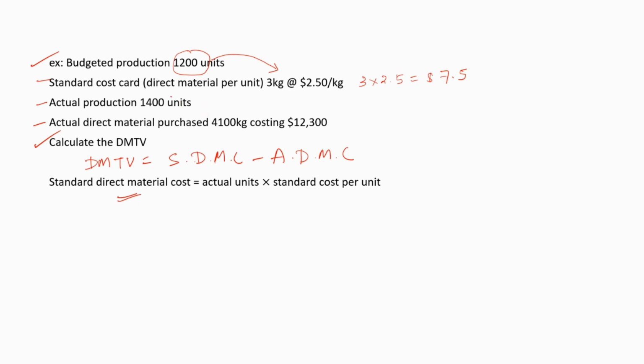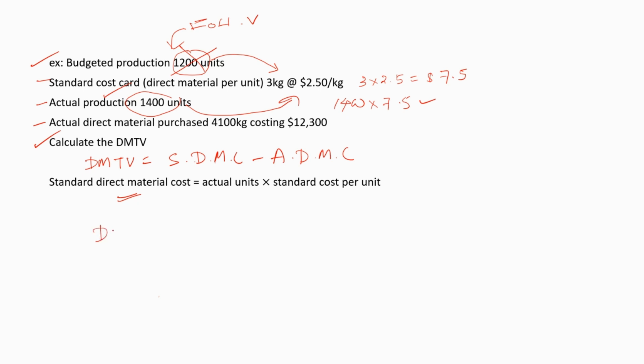We need to multiply the actual production units by the direct material cost per unit value, which means 1400 by 7.5. This is the standard direct material cost. Another important thing to note is that only for the fixed overhead variance do we consider the budgeted production value. For all the other variance calculations, we do not consider the budgeted production value. We consider the actual production value.